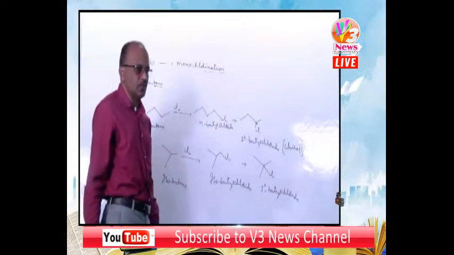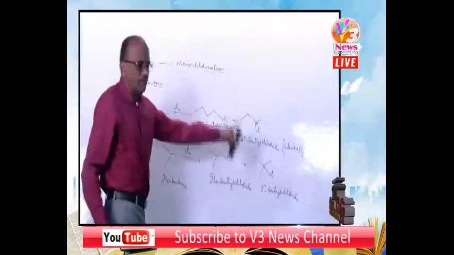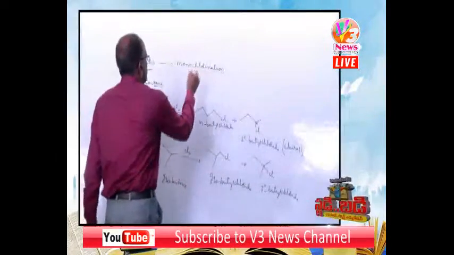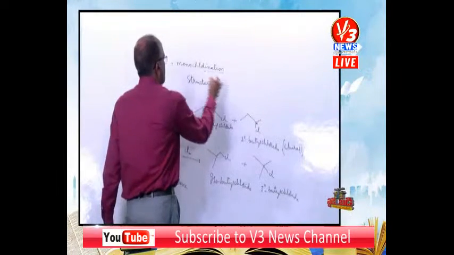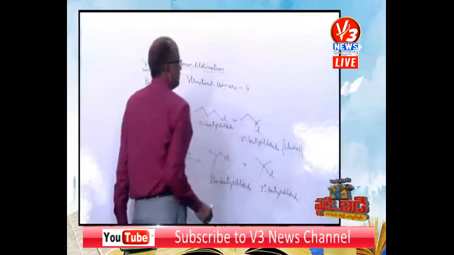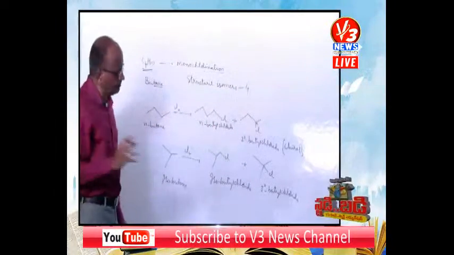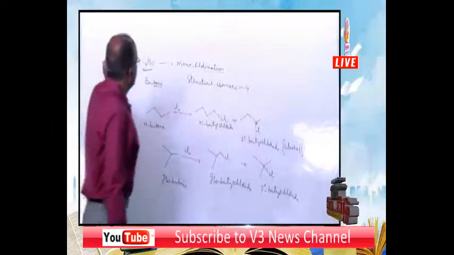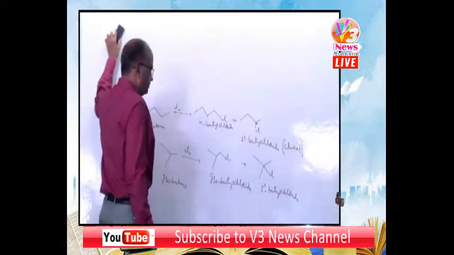If we do not include stereoisomers, how many structural isomers? 4. So for this, number of structural isomers is 4. That is clear. Now we will take another example.